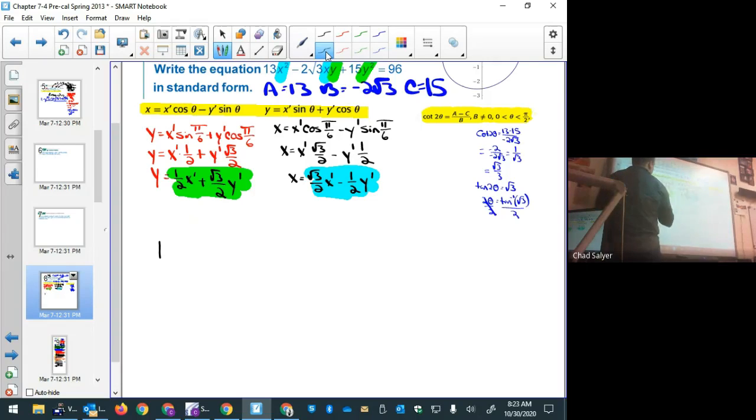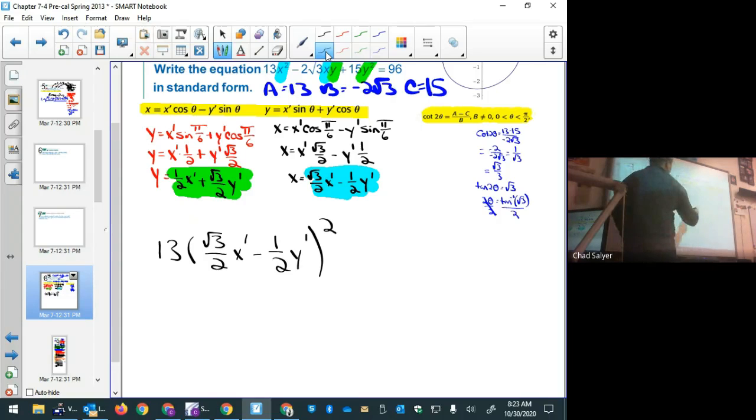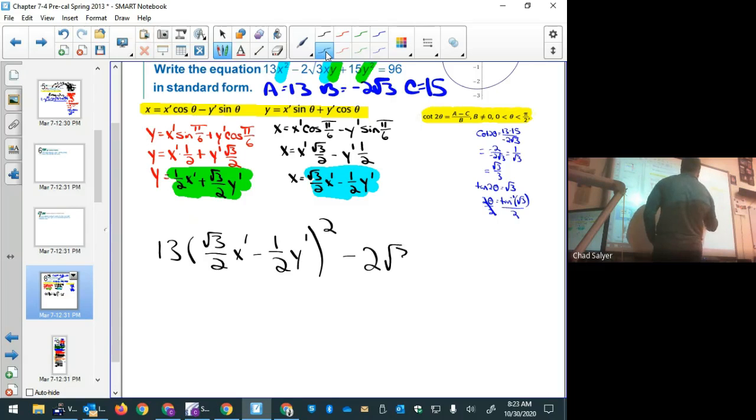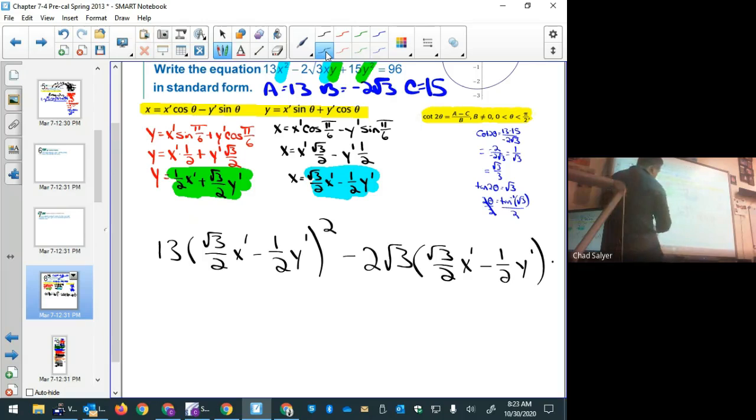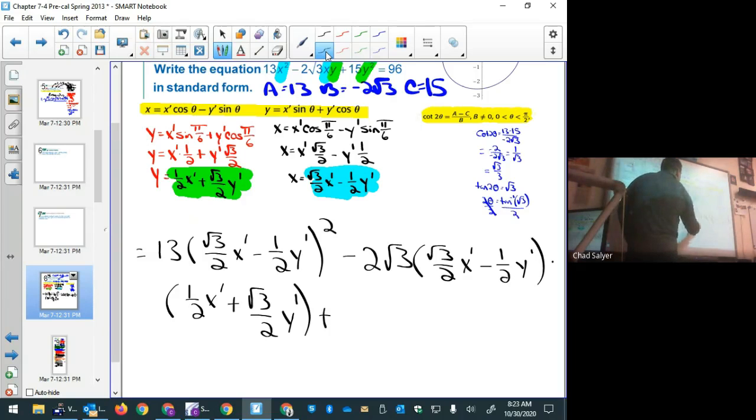All right, so 13 times, instead of x, radical 3 over 2 x prime minus 1/2 y prime squared, minus 2 on the square root of 3 times x again, radical 3 over 2 x prime minus 1/2 y prime, and then times the y value, which is 1/2 x prime plus radical 3 over 2 y prime, and then plus 15.